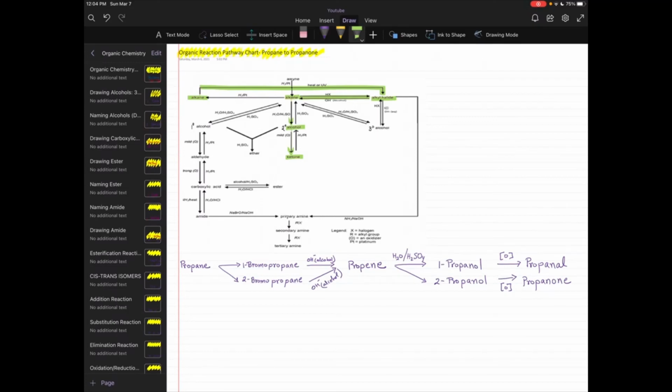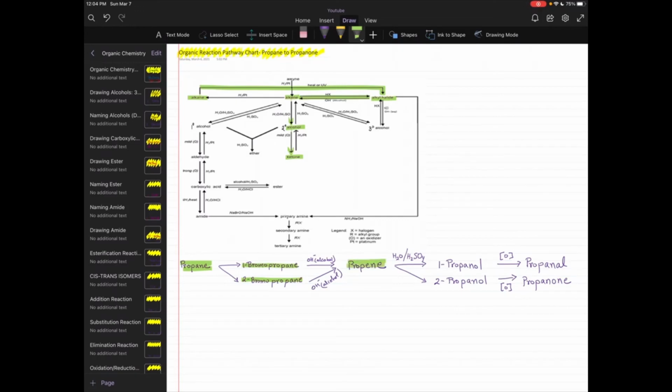We started with our propane, and from the propane we were able to make an alkyl halide, either 1-bromopropane or 2-bromopropane. Then we had a hydroxyl group from alcohol added, and that yielded propene, an alkene.